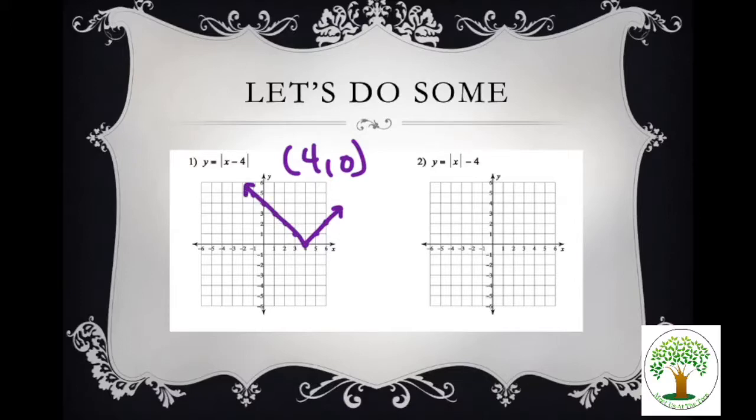Let's do the other one right next door. What did this do to this? Did it move it up, down, left, or right? Well, it moved it down. It started here, and it moved it down 4. 1, 2, 3, 4.